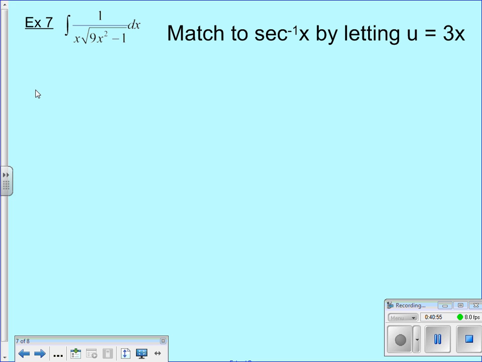My first thing to help you see what we're doing, and remember, I give you the U substitution right there. But if we do this, take 9x squared, rewrite it as 3x quantity squared. And then I'll do my U sub.